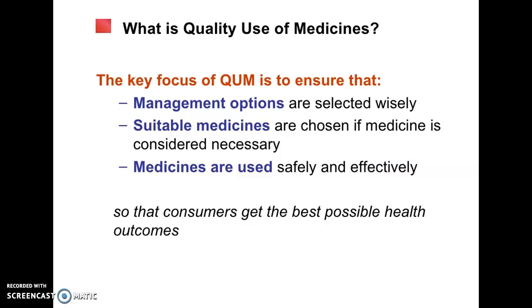So the proper management option should be chosen. Whenever required, only then should the drug be selected. It's not compulsory that medicine should be prescribed if a patient has some minor symptoms, because we have two ways to manage a disease. One is called pharmacological management and the other is non-pharmacological management.